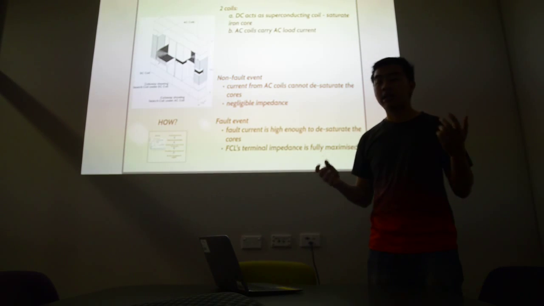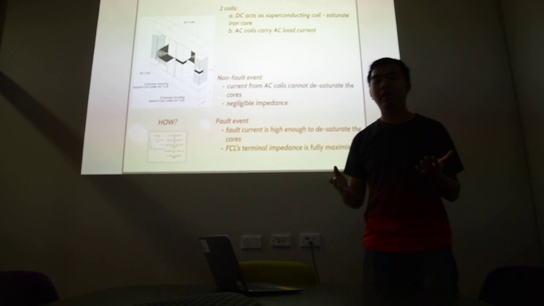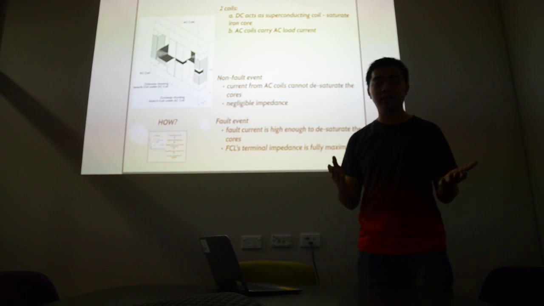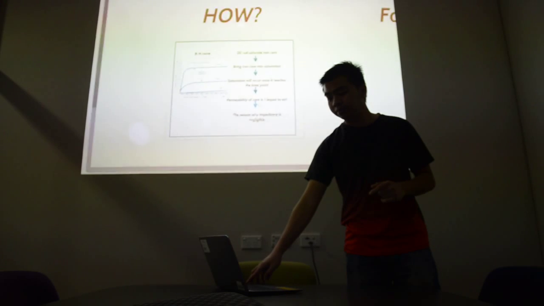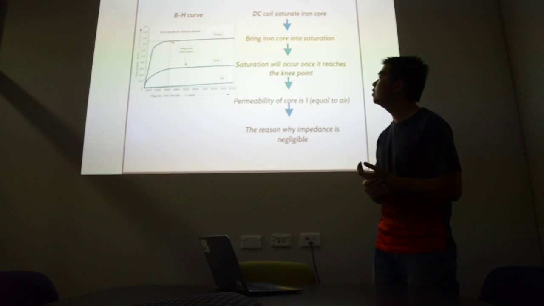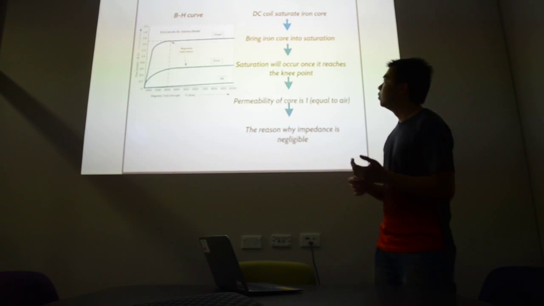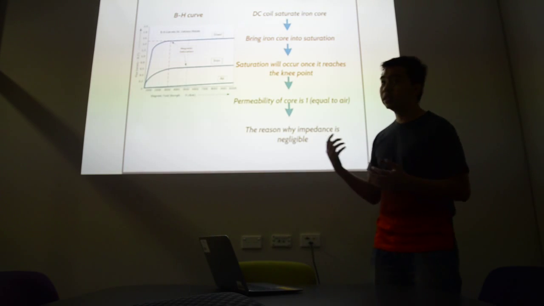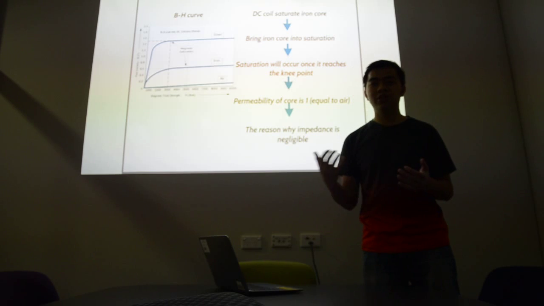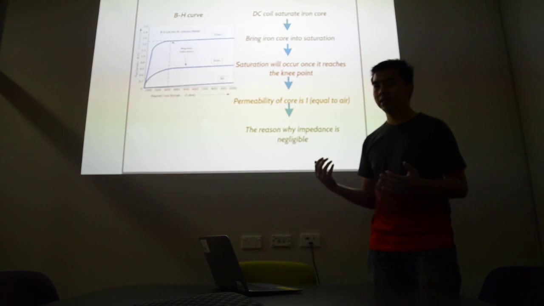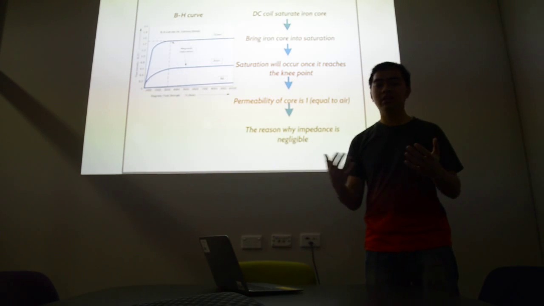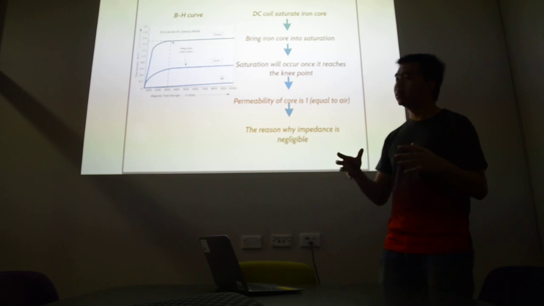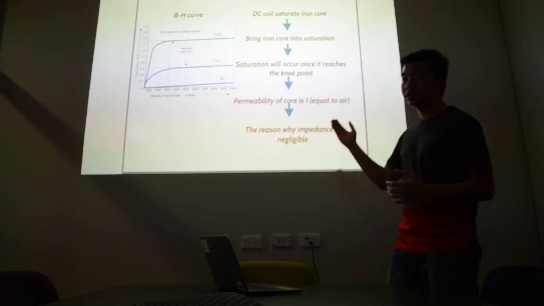But how does the fault current limiter impose negligible impedance? By looking at this BH curve and understanding it, first, the DC coil that we just saw saturates the iron core, and the current that was induced will bring the iron core into saturation.